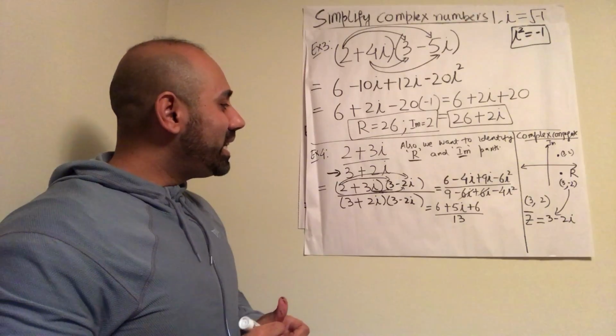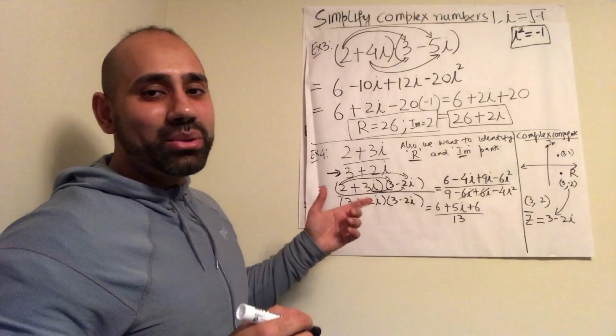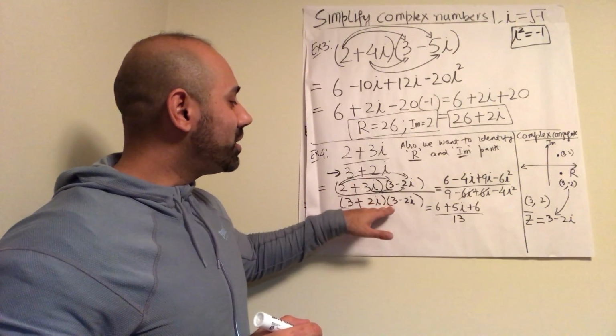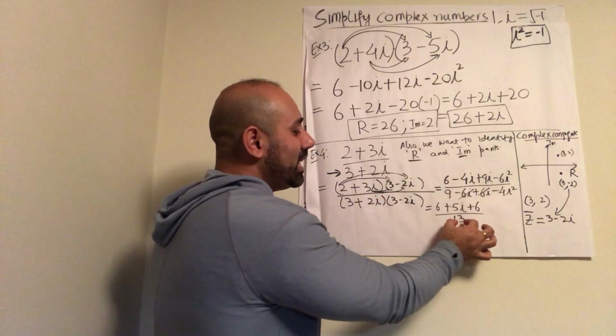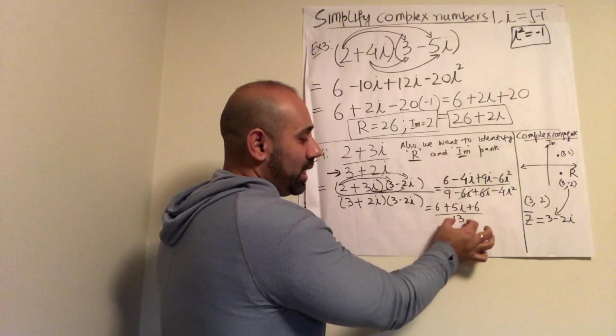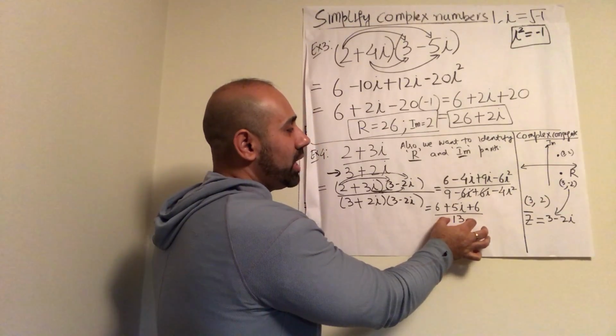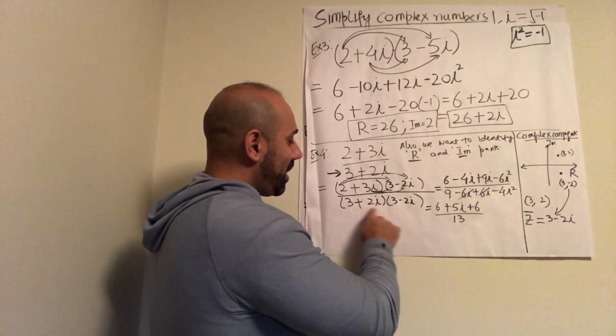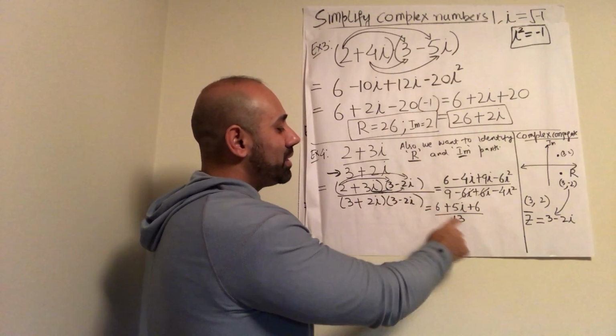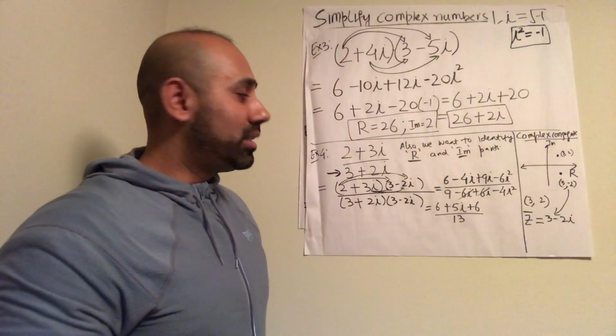So I hope you can see now why we are multiplying both upstairs and downstairs by the conjugate. One of the reasons was that we want to get a pure real number downstairs without any i's. So when we multiply this complex number by its conjugate, what happens? We get a real number as our final answer.